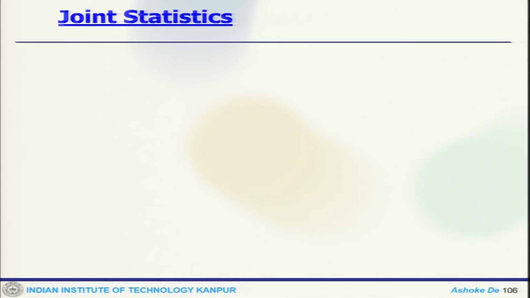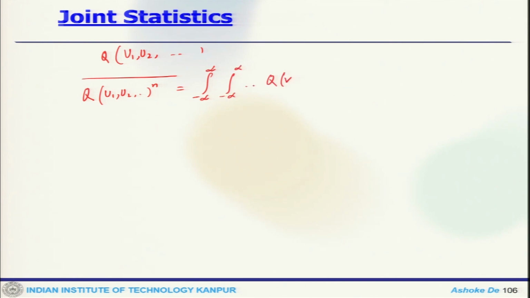Now we look at the joint statistics for, let's say, a function Q of U1, U2, the central moment, that is the integral from minus infinity to plus infinity of Q(V1, V2) f12(V1, V2) dV2 dV1, something like that.